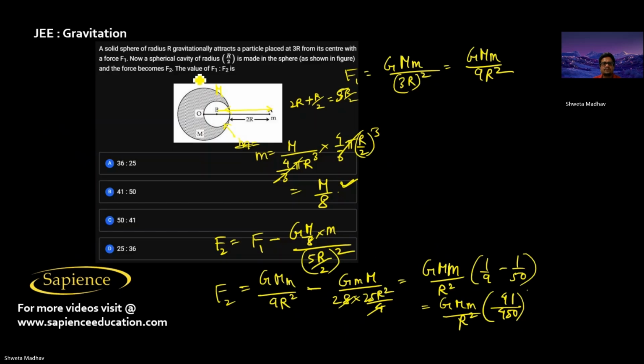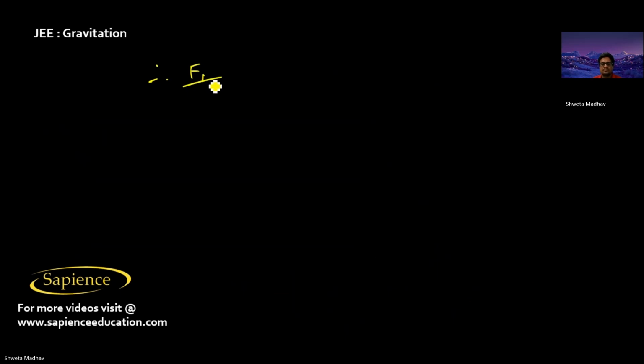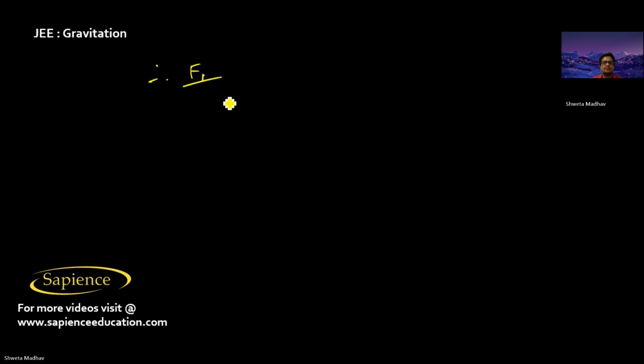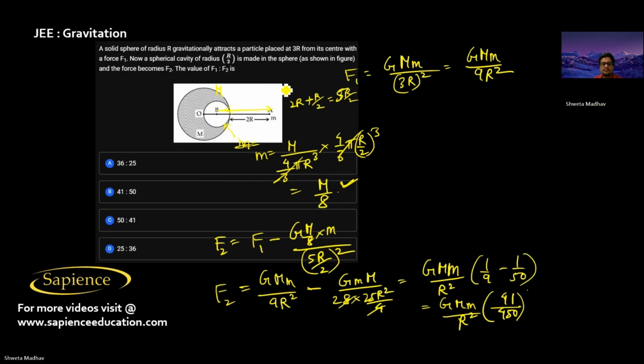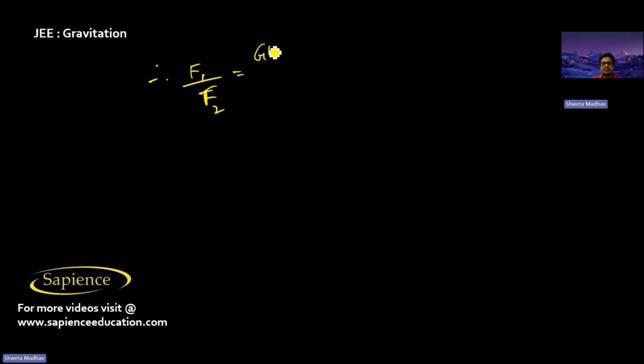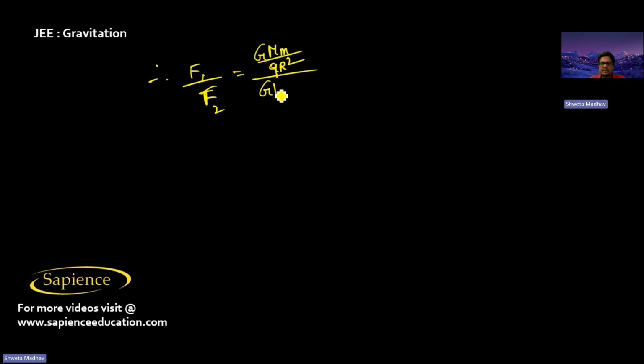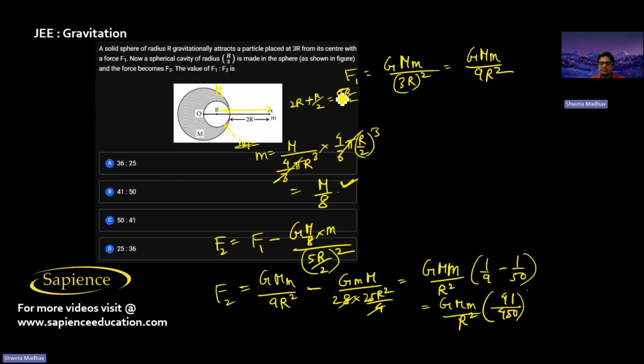Therefore, F1 by F2 is equal to, F1 that is Gm by 9r square, divided by Gm by r square into 41 by 450.